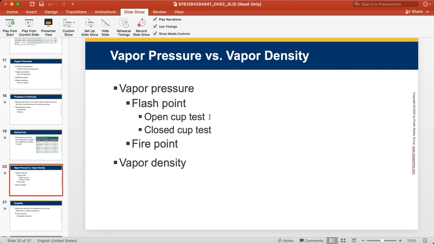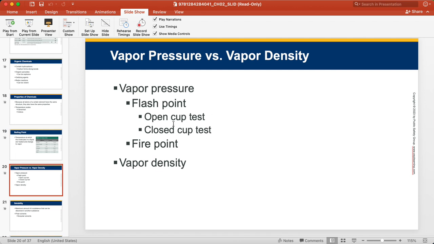Anything that is going to flash or catch fire and stay on fire above 100 degrees Fahrenheit is called combustible. So that's something to file away in your memory bank: the difference between flammable and combustible is that 100 degree Fahrenheit line, right?